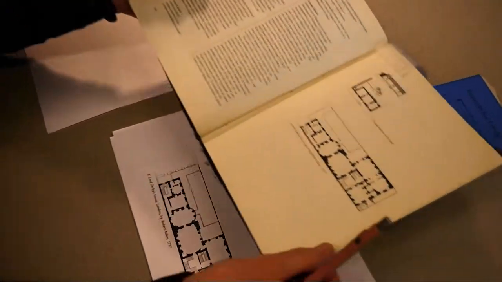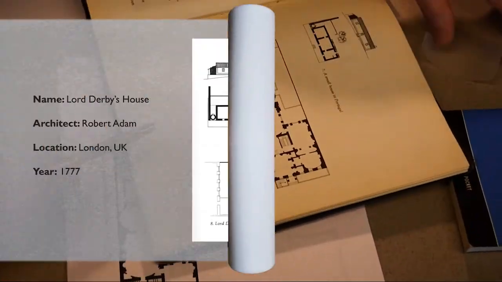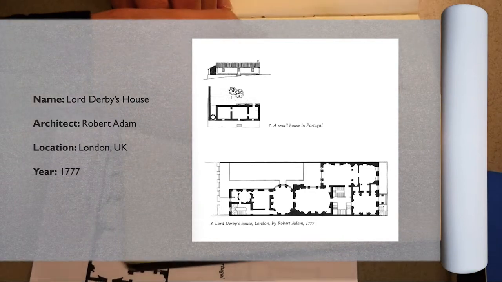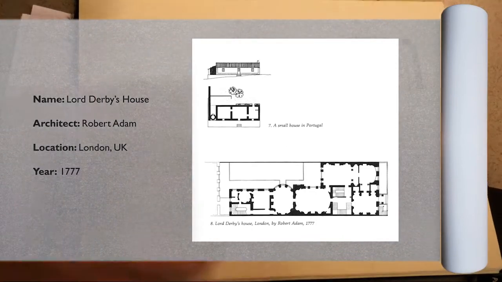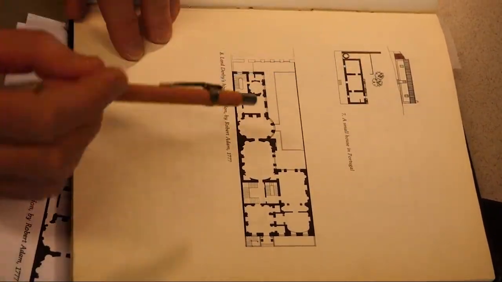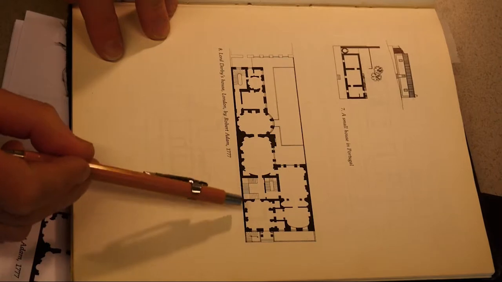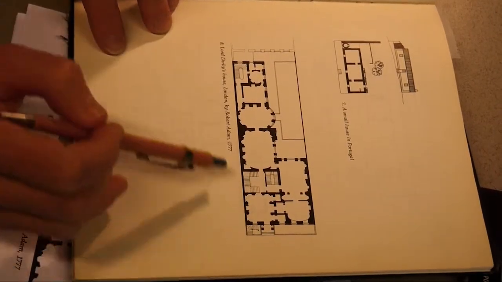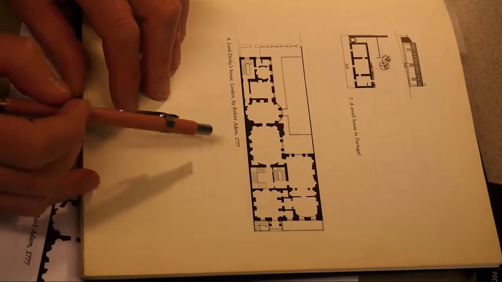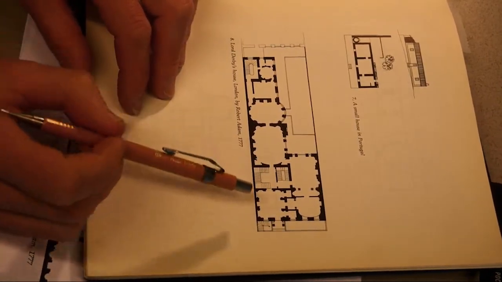Maybe the first category they mention is an organization where indeed rooms are organized in a row. So they call it rooms linked. They have this very simple example and this more elaborate example by Robert Adam in London, 1777.